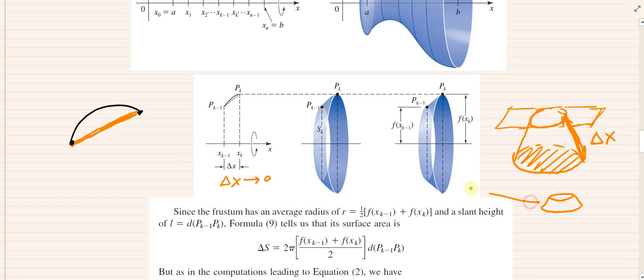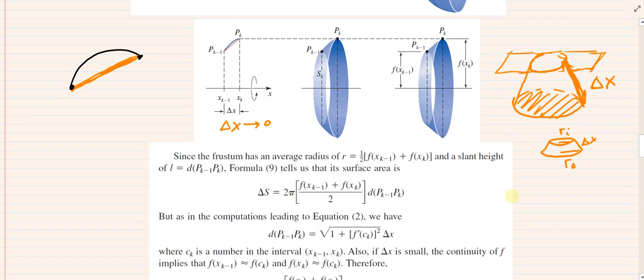Now it's beginning to look more like that. And this is delta x again. So we have outside radius, inside radius again. This is our outside, this is our inside. Okay, so that is what the frustum of a cone is. And that's what these cross sections, these typical solids, I should say, are going to look like.